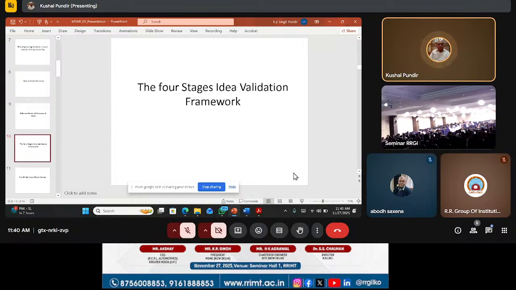And then solution validation: can your product solve the problem reliably? Sir HK Agarwal was discussing this, saying that it needs to be according to the requirement.